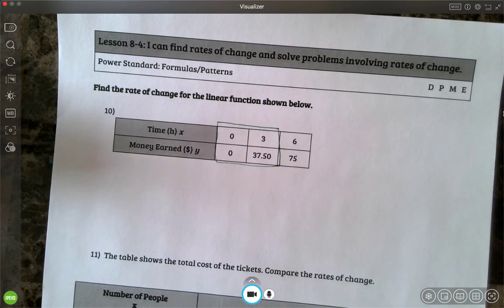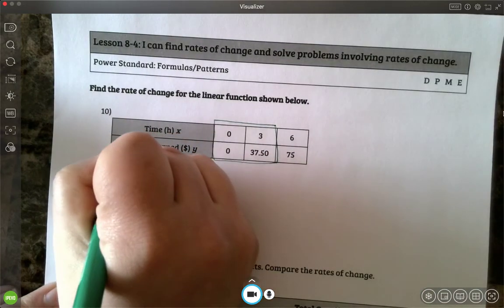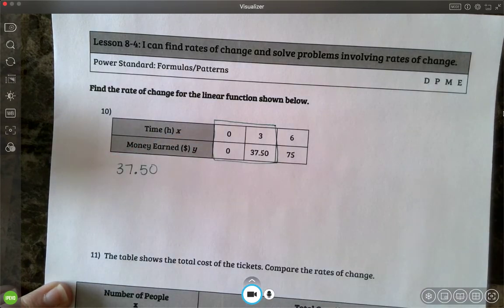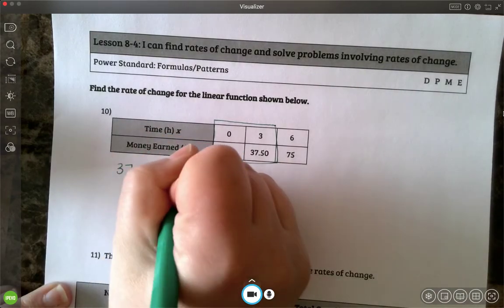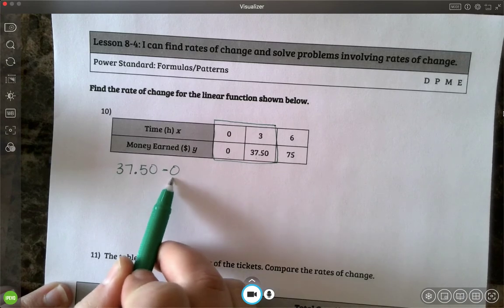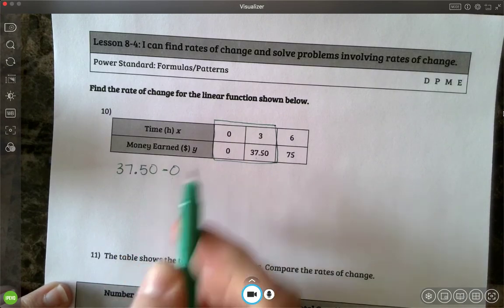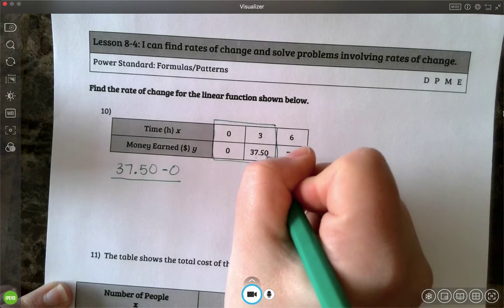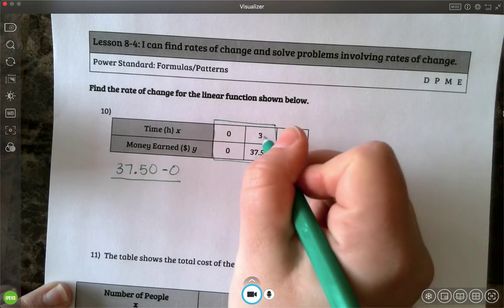So I'm going to take my y, and I'm going to subtract the number that came before it. So 0 came before 3750, so I'm going to subtract 0. Then, since I started with 3750, that means I have to start with 3 on the bottom.